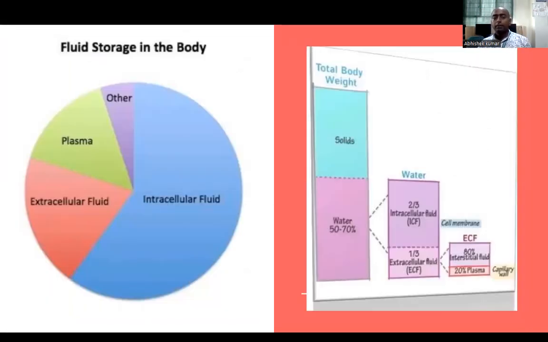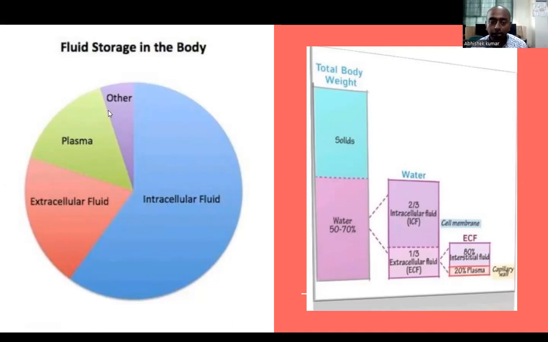Let's discuss the fluid stored in the body. Maximum is the intracellular fluid present in our body. Extracellular fluid is in second place, plasma is third, and the other fluids come fourth.